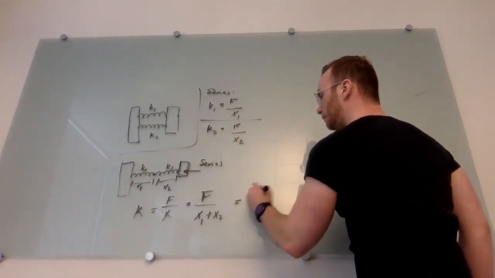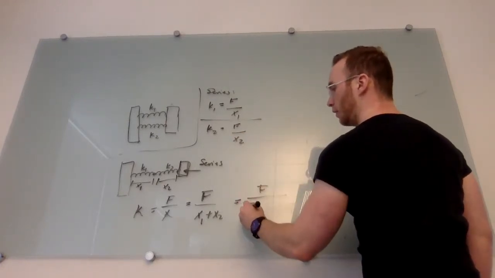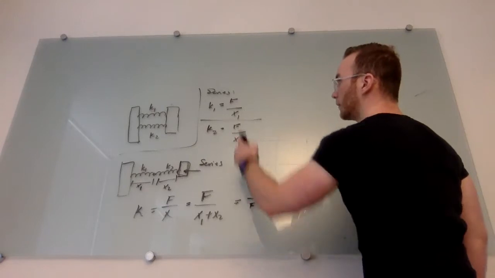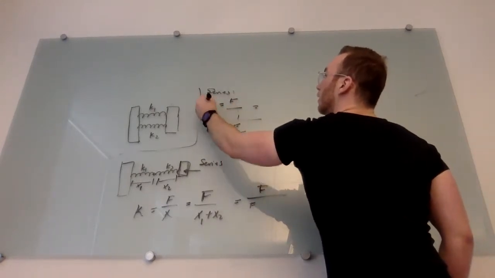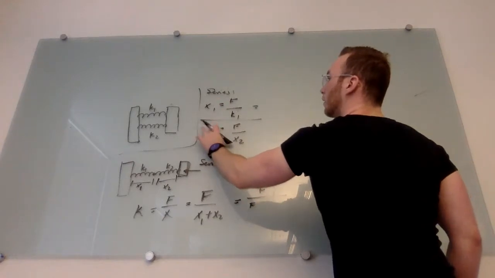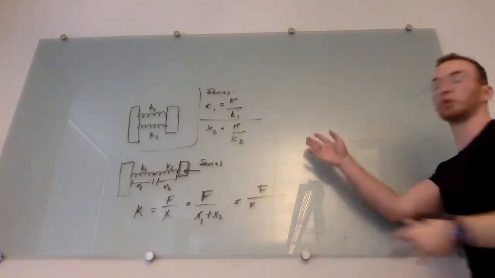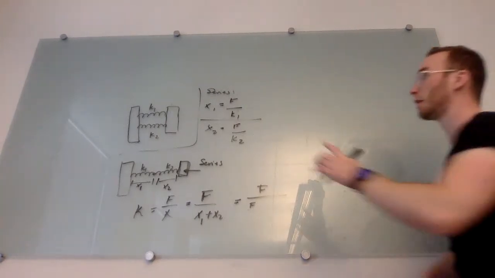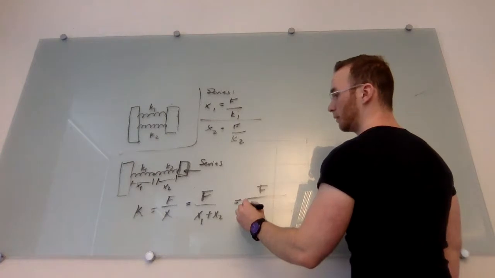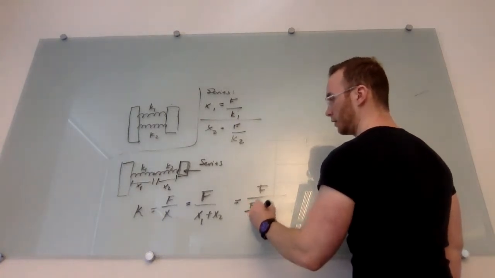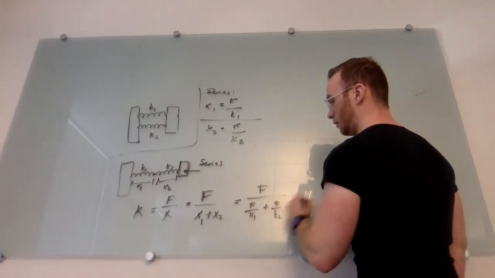So F over, and this is going to be F. I should have written it like this. These are still true, but this is a better way. Now x1 I can replace with this, and x2 is, there we go.